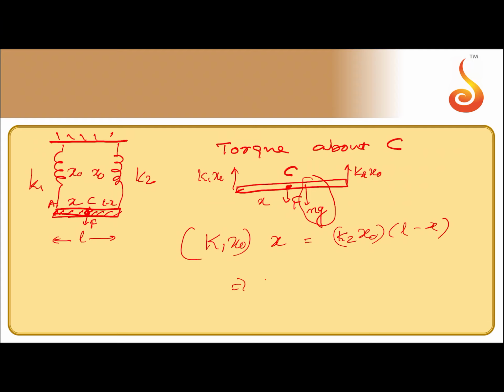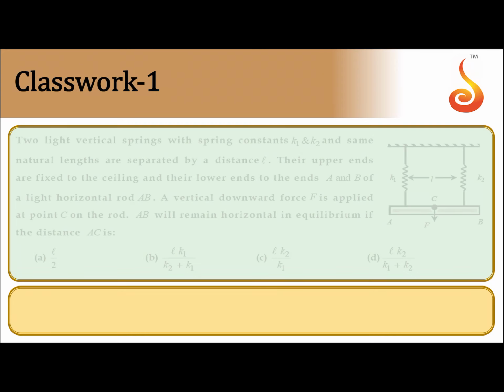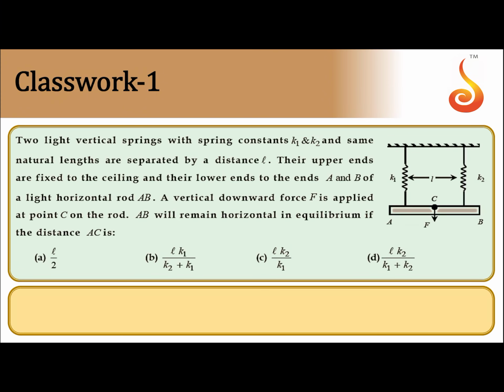And if you simplify, you get x is equal to L into K2 divided by K1 plus K2. So the value of x which satisfies this requirement is L into K2 divided by K1 plus K2. So what is our correct choice? L into K2 divided by K1 plus K2.